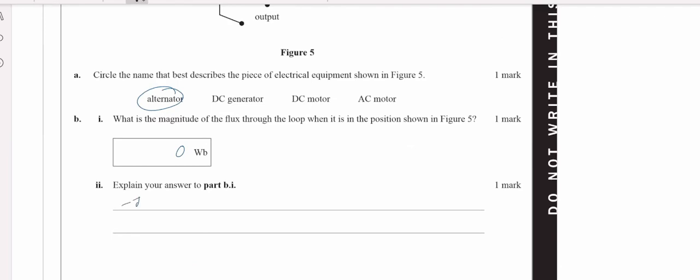Right. The plane of the loop is parallel to the magnetic field.